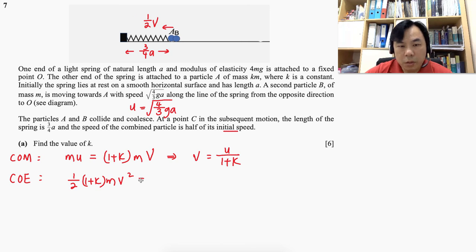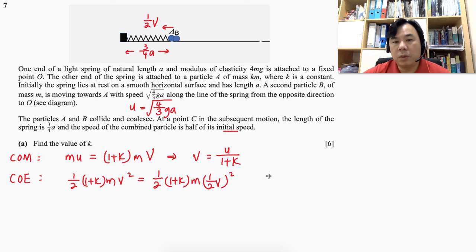Then this energy will be converted to kinetic energy also, when you reach half of its initial speed. I'd just like to clarify this initial speed: they are referring to just before it starts to compress the spring.